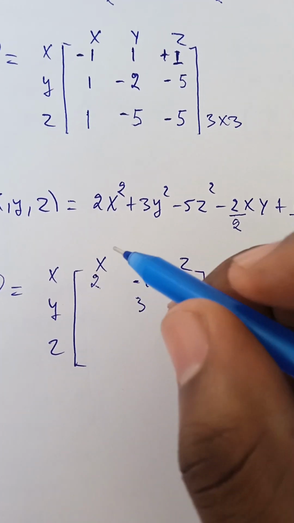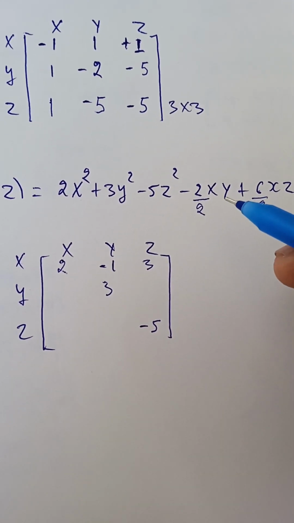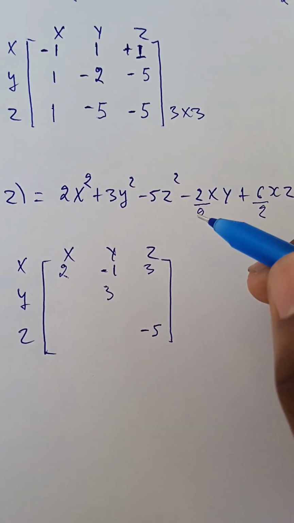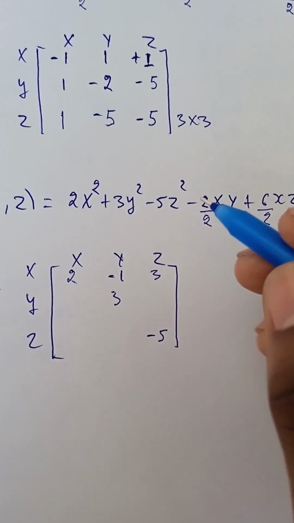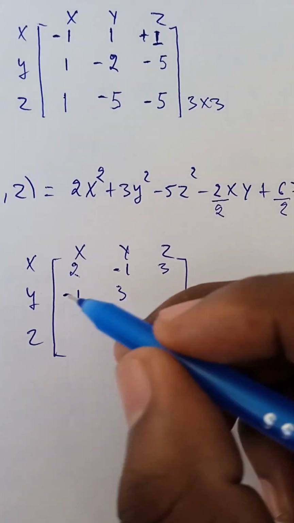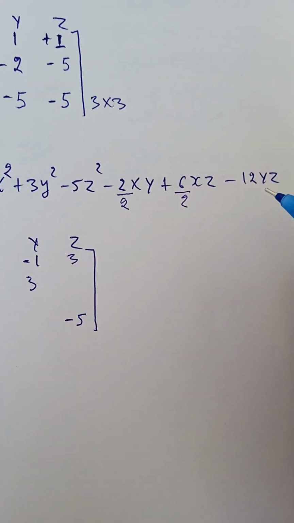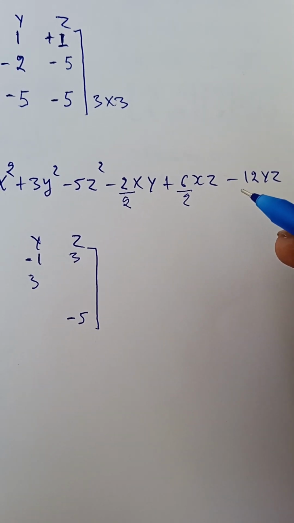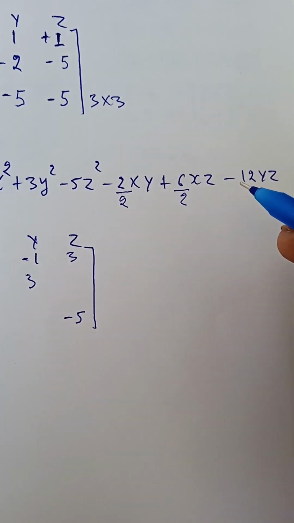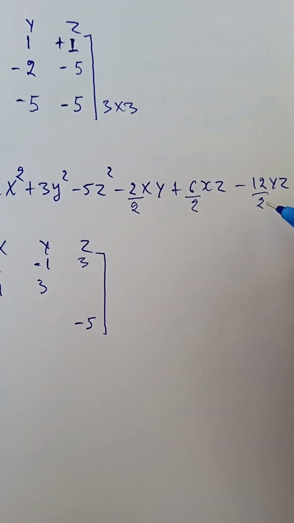Y and x, the coefficient is minus 2 divided by 2, which is equal to minus 1. Y and x, we put minus 1 here. Y and z, the coefficient is minus 12. Minus 12 divided by 2 is equal to minus 6.